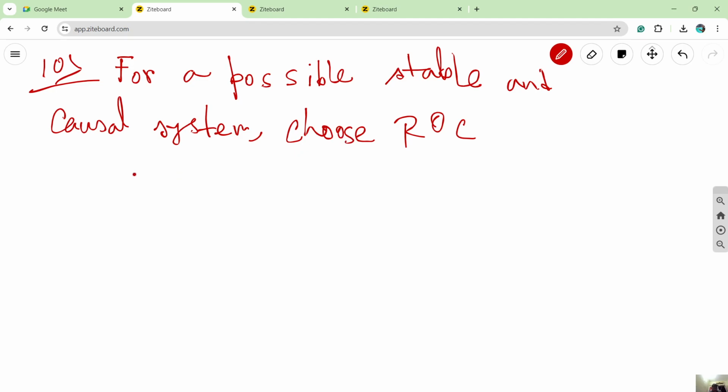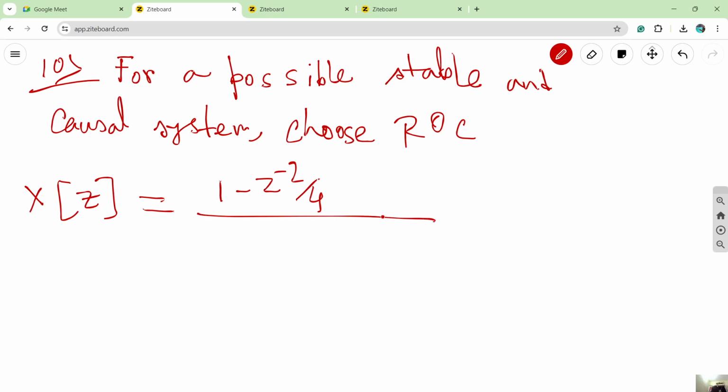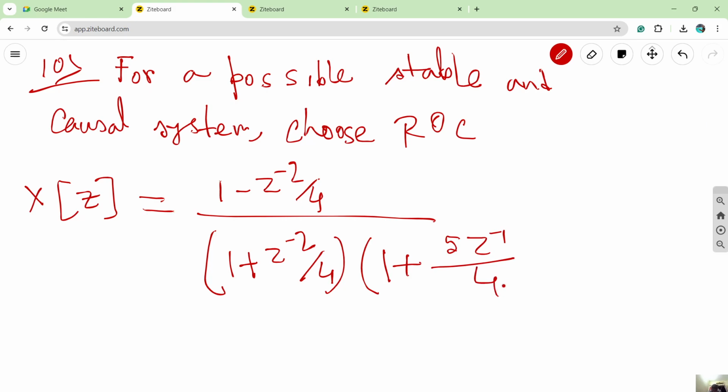Now I am giving the transfer function: H(z) equals 1 by (1 plus z to the power minus 2 by 4) by (1 plus 5 z inverse by 4 plus 3 z to the power minus 2 by 4).